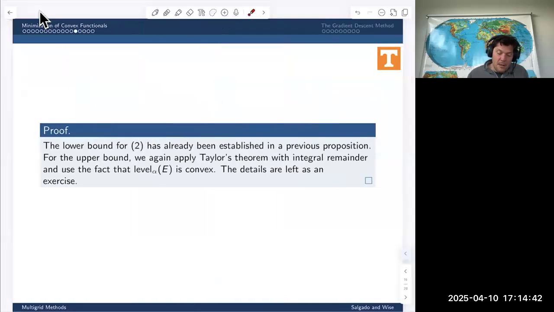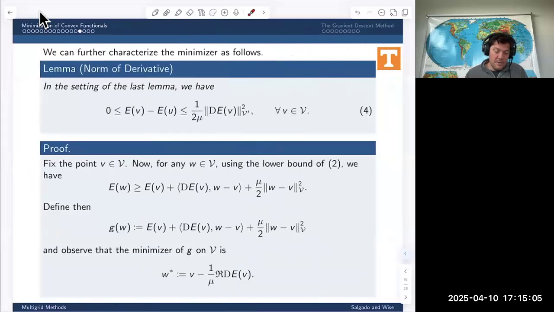Okay, so as I said, the second inequality, the upper bound, follows by Taylor's theorem with integral remainder, and the fact that this sublevel set, because of the convexity of E, has to also be convex. If I was doing any more homework assignments, you'd be doing that as an assignment, but we're not going to do that.